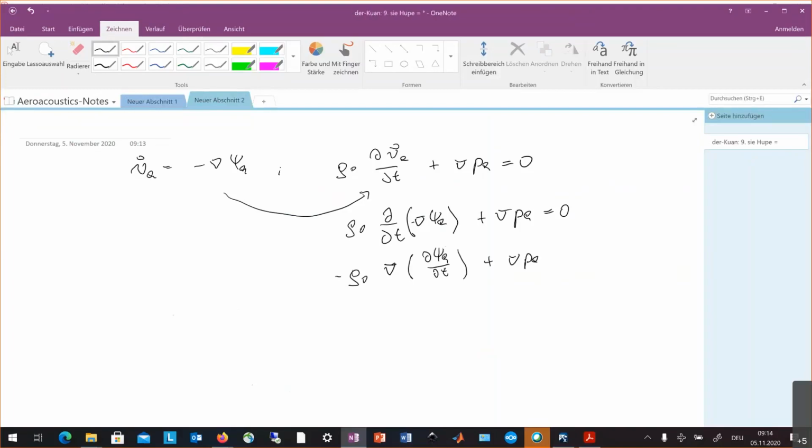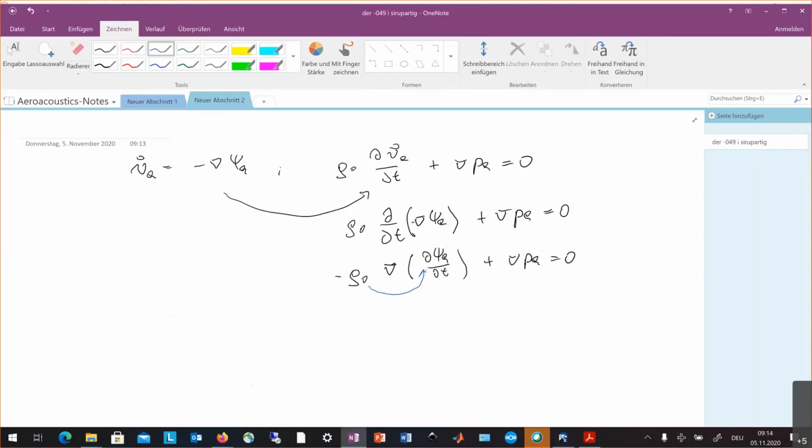That has no effect. But the next step has an effect. The next step would be, well, we want to write everything within the gradient operator. So that means we should put the mean density inside. And that is allowed because the mean density is a constant value.